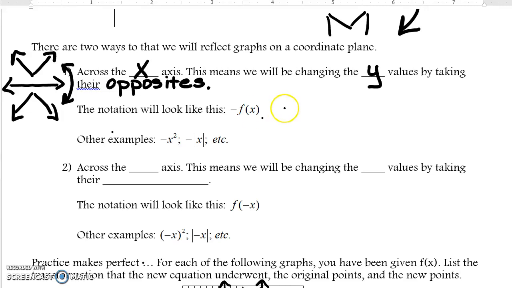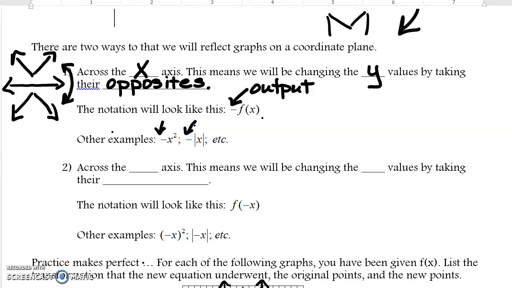Well, we talked about function notation before, and we used it yesterday. In our f of x notation, we can tell that it's an output change if our negative sign is outside the f of x. It's not inside that parenthesis or that grouping symbol, whatever it might be in that equation. So a couple examples would be, we'd have a negative out in front of the x squared, no parentheses involved. We'd have a negative in front of our absolute value.